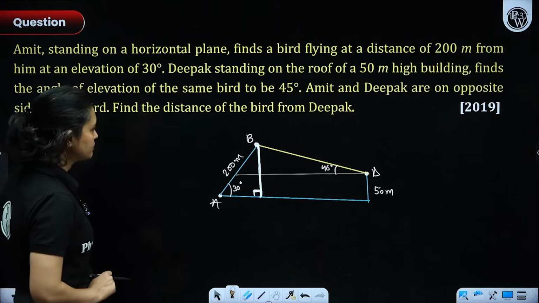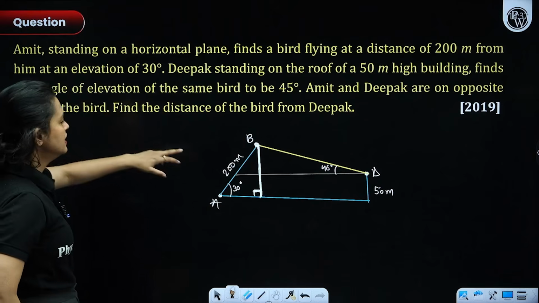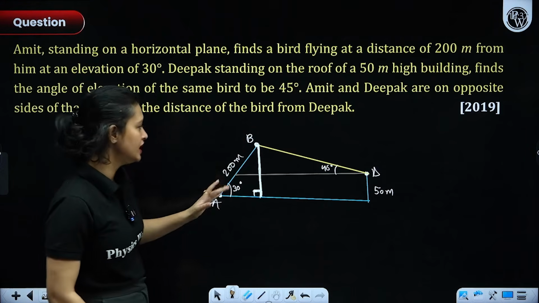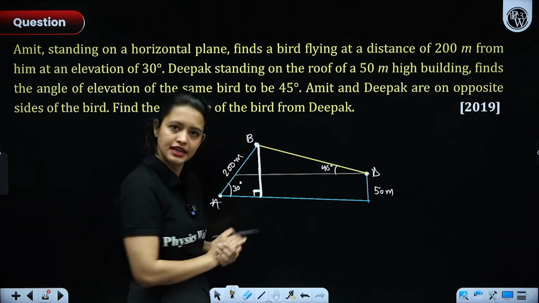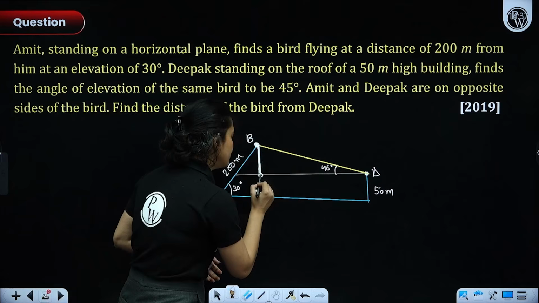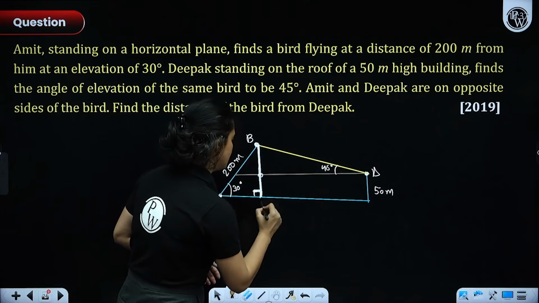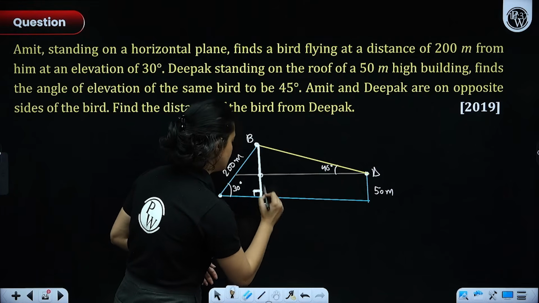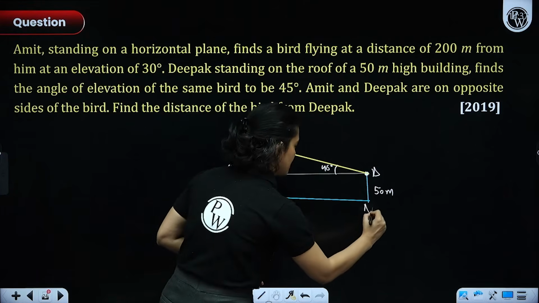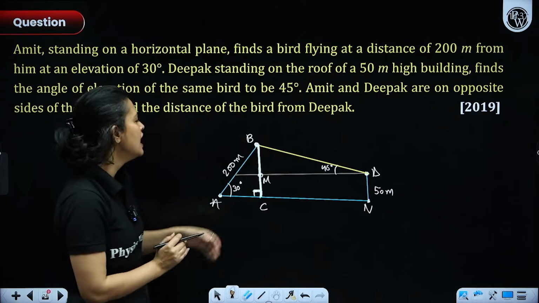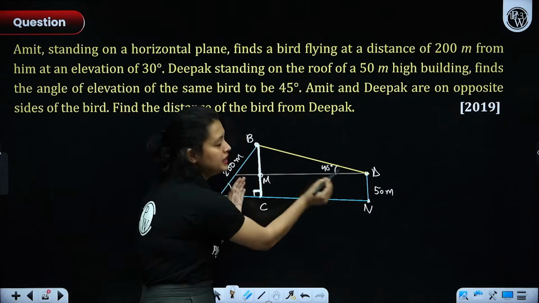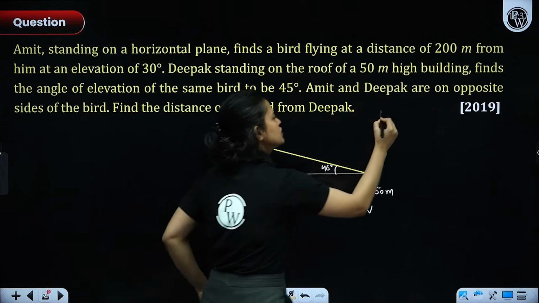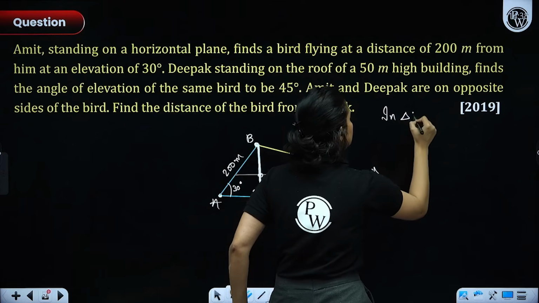Now let's first of all do what? So think about it. I have to figure out BD. To figure out BD, I will talk about this triangle here, AB. Let's just take this as C, this as M, this as N. I've taken all the different points here. Now, to figure out BD, I have to take triangle BMC.